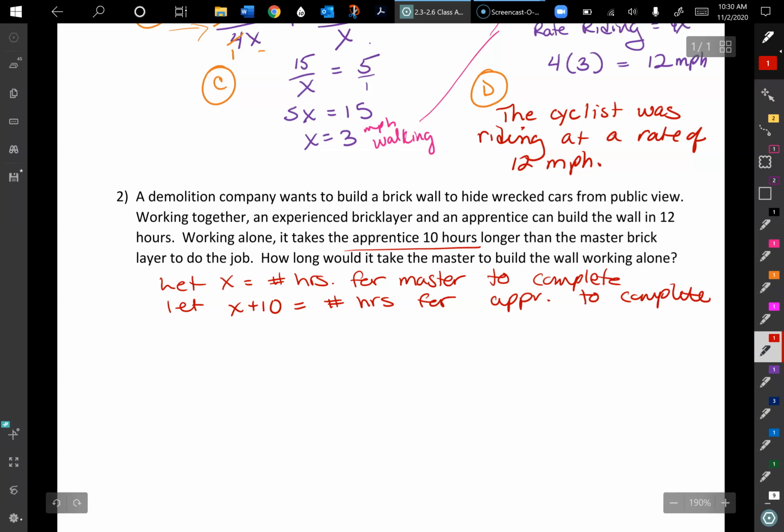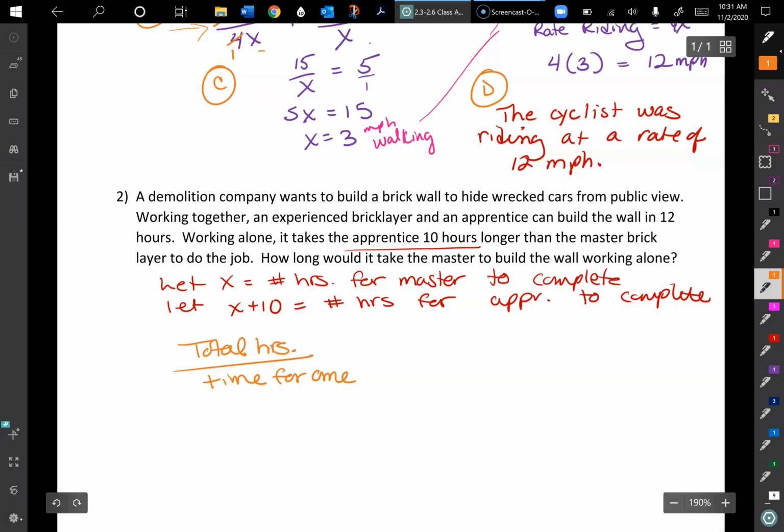And now we're going to set up the equation. So the equation here, we're going to take the total hours, this is pretty standard, over time for one.